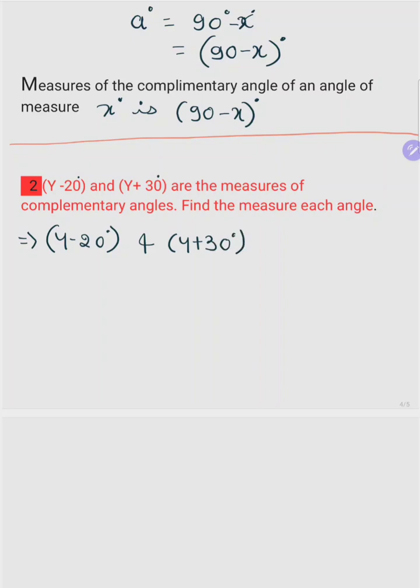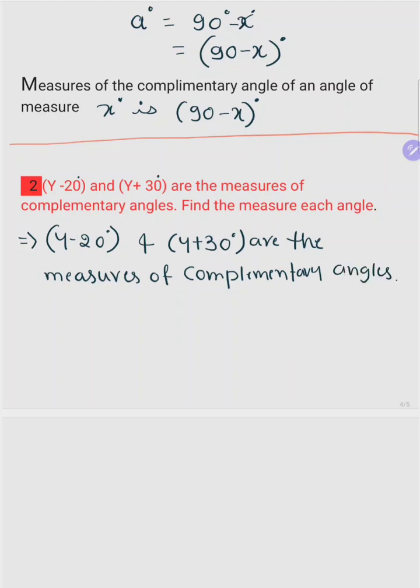Here the two measures of complementary angles are taken.